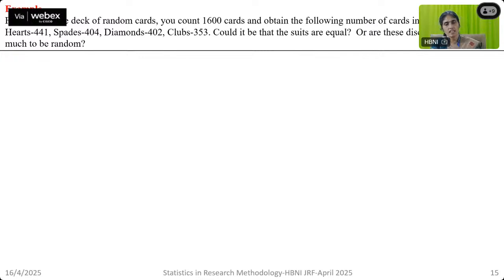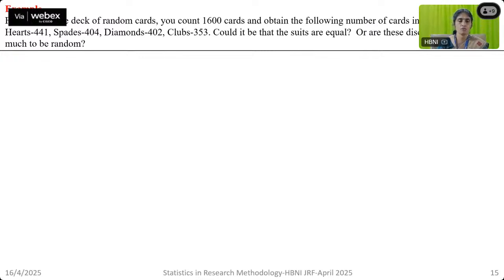Can we say that these suits are equal, or whether they are unequal in the entire data? If all the suits are identical, our observation would have been 400 hearts, 400 spades, 400 diamonds, and 400 clubs. That will be the ideal situation.